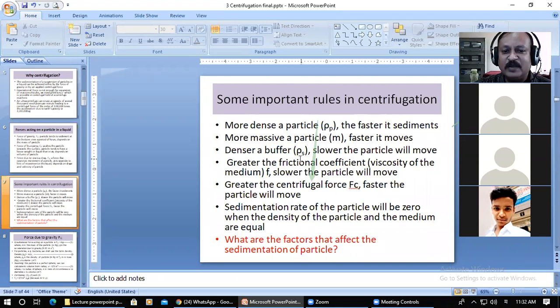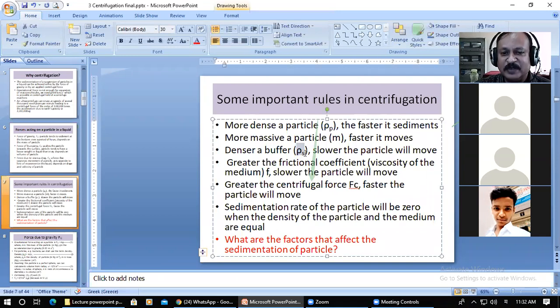Here I have denoted the density of the medium as rho s. The s stands for solvent actually, though we know this is not a solution, but still that term s is there. Rho s stands for the density of the medium.